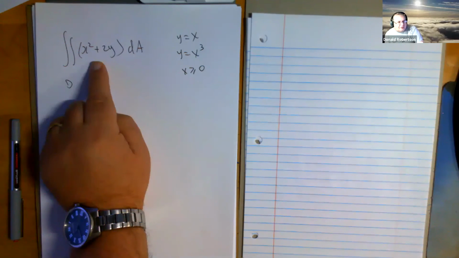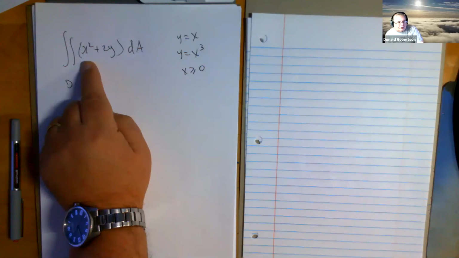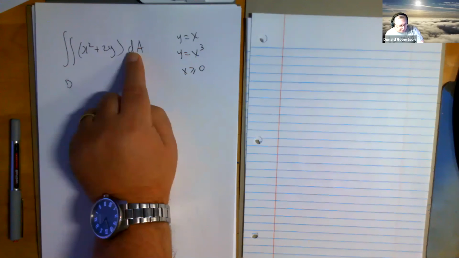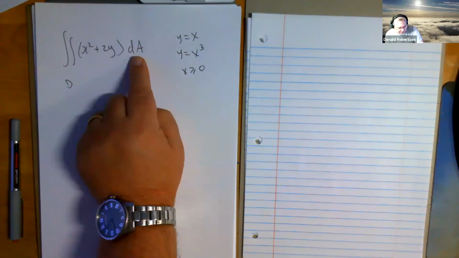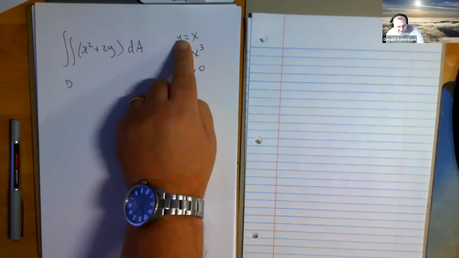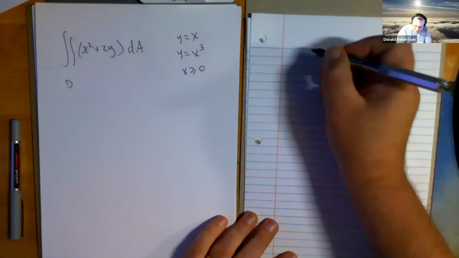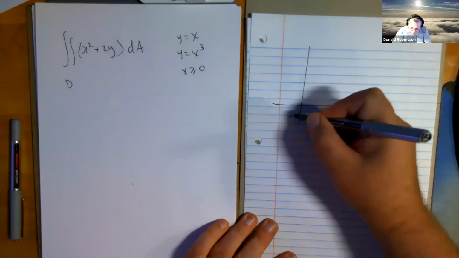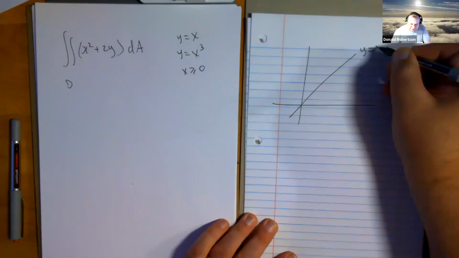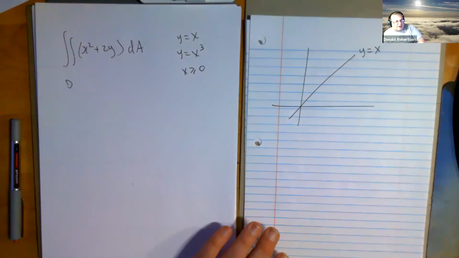We've been asked to find this double integral, x squared plus 2y over a region D. dA is just a placeholder. It's made up of these 3 things. I could probably do this without needing Desmos, because y equals x is easy to draw.